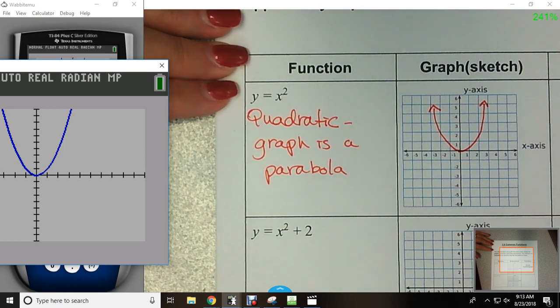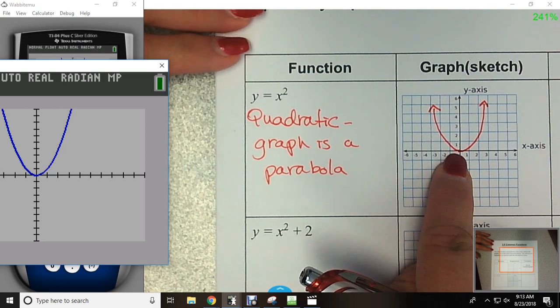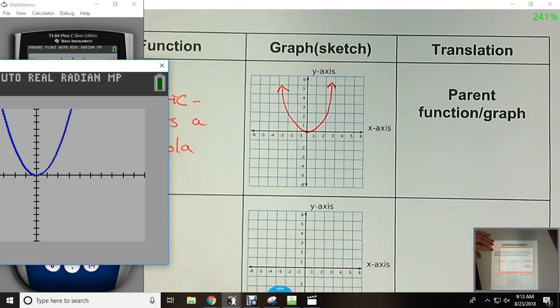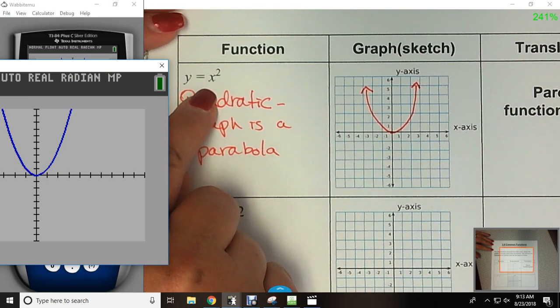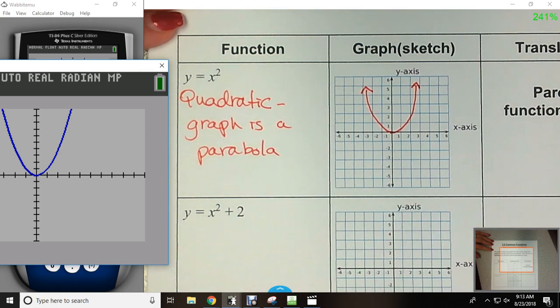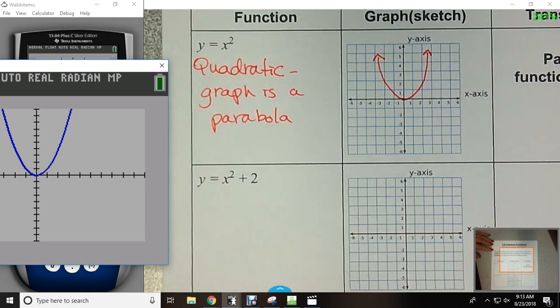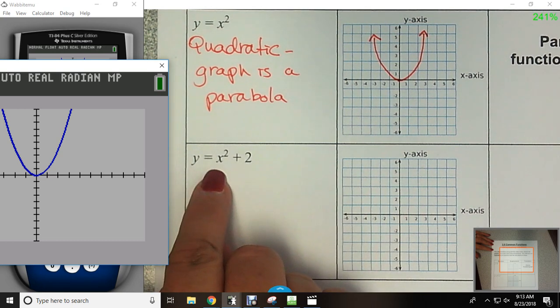Now, because every x squared graph is going to resemble this one, it is said to be your parent function or the parent graph. Okay, this is your parent function, this is the parent graph. So what we're going to do in the next couple of examples here is add some additional numbers to my parent equation or my parent function.